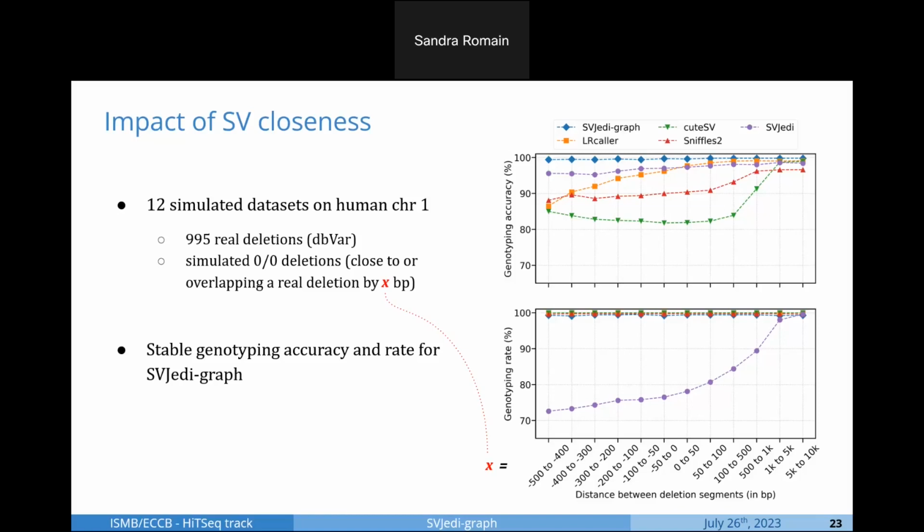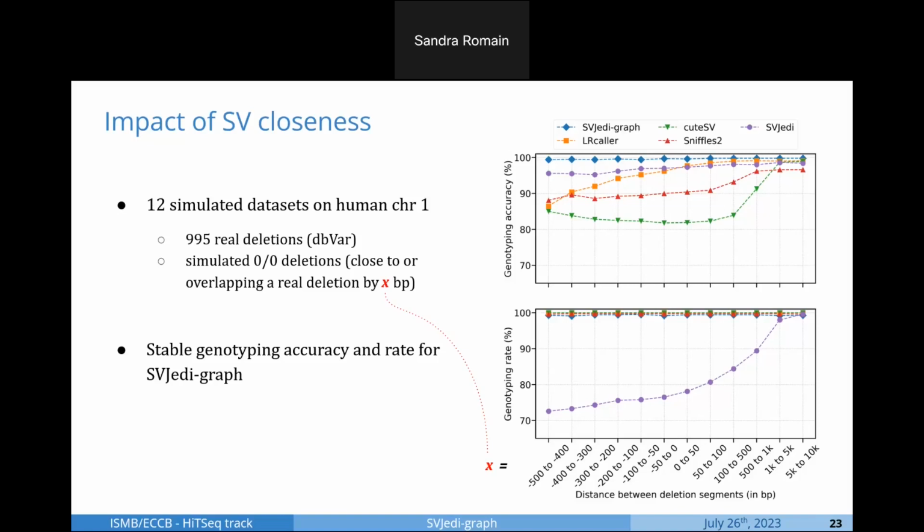The distance ranges are shown on the x-axis of the figure here. On the left of the figure, we have the 6 datasets that contain overlapping deletions, the most overlapping on the left and the less overlapping on the right. And on the right of the figure, we have the 6 datasets that contain close deletions, the closest deletions on the left and the less close deletions on the right.